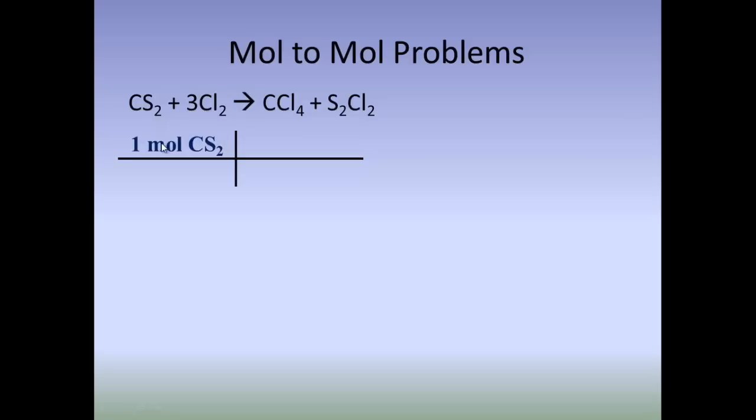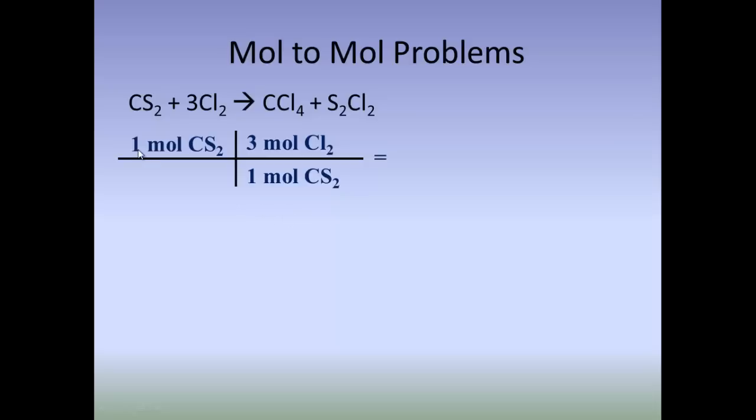If moles of CS2 need to cancel, they need to go on the bottom next. And you look at the equation to figure out what number goes with them. What number is in front here if you don't see any? It's a 1. So 1 mole of CS2, and then whatever you're looking for goes in the top spot. 3 moles of Cl2, because that's what we want to find. Moles of CS2 cancel, and we just need to do the math.